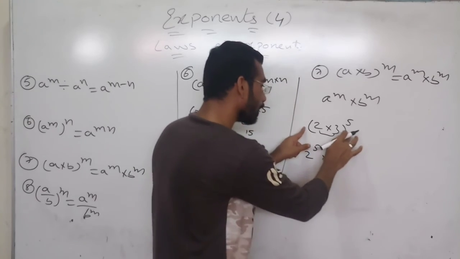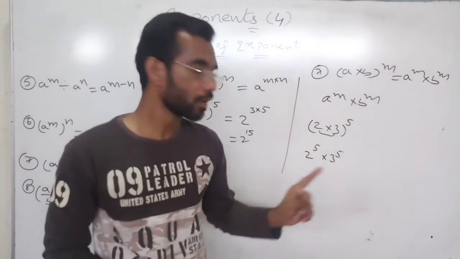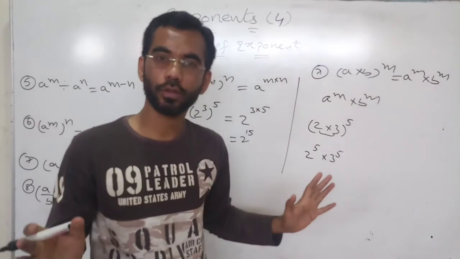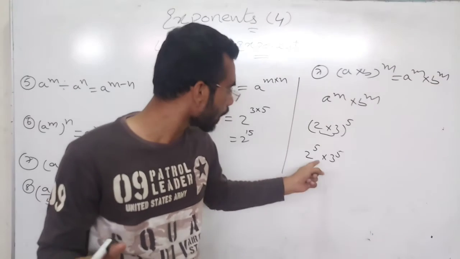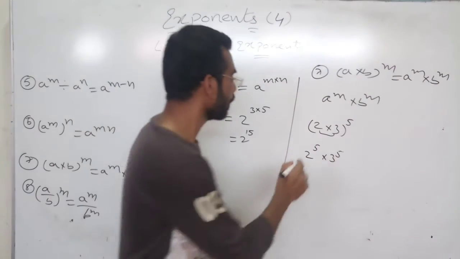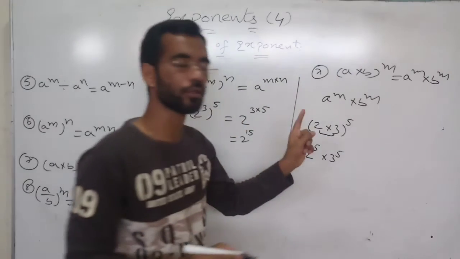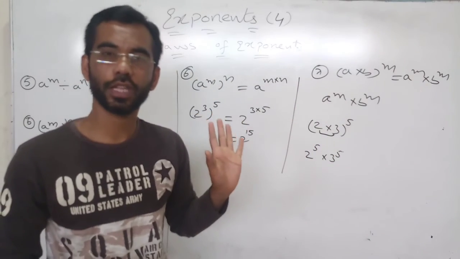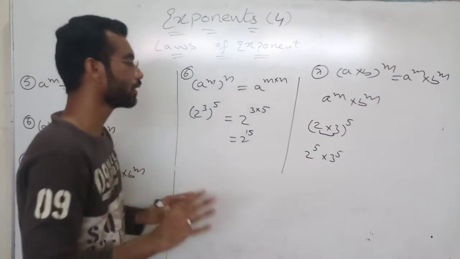This bracket represents that the power is same for both. So we should give the same power for both 2 and 3.